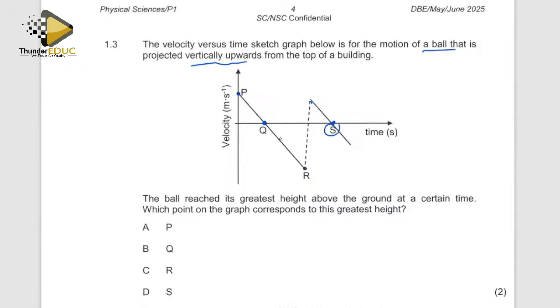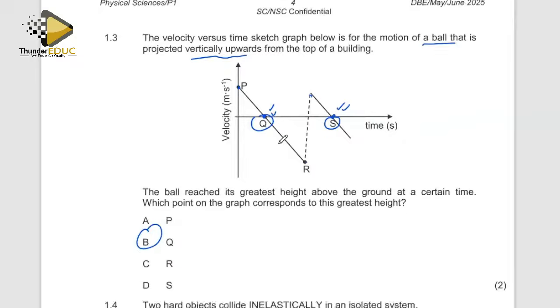So we know that S is always smaller than Q, okay? Because at this point, the velocities are 0, which means those are maximum points. It's more like bouncing because of the amount of energy. The energy at Q is greater than the energy at S. So the ball reaches the highest height above the ground at a certain time. Which point of the graph corresponds to that? So I'm going with Q, okay?